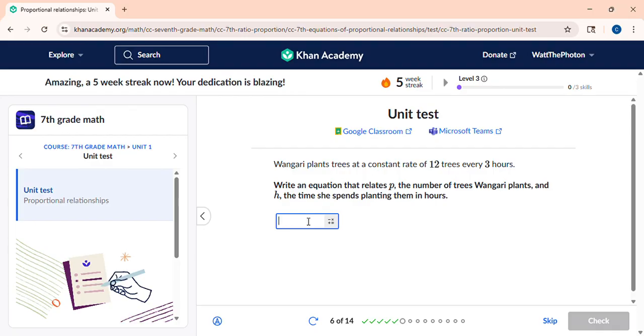Wengar plants trees at a constant rate of 12 trees per every 3 hours. Write an equation that relates P, the number of trees, and H, the time she spends planting them in hours.